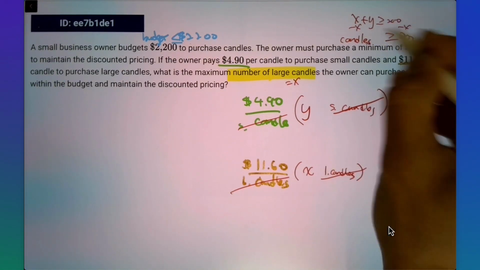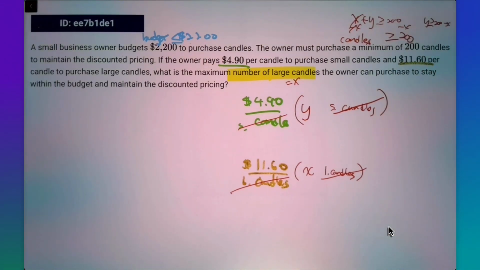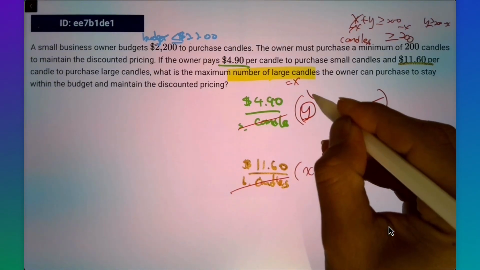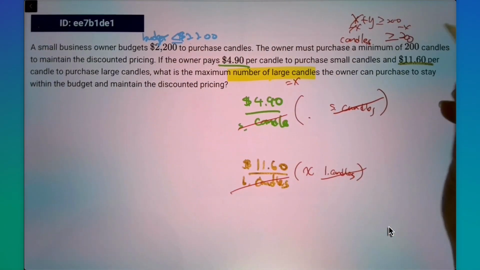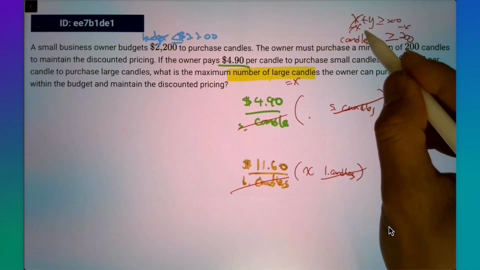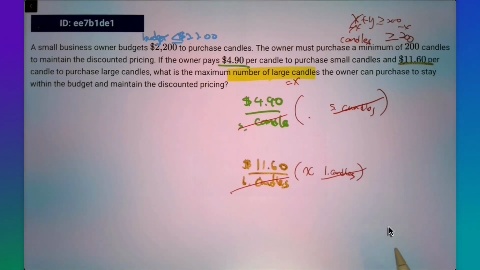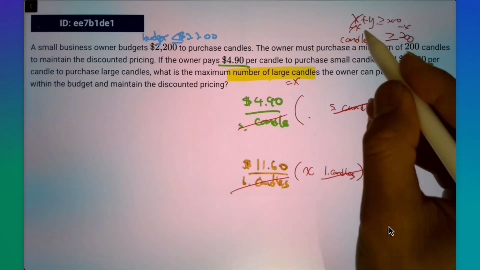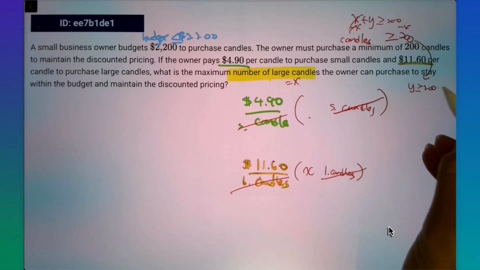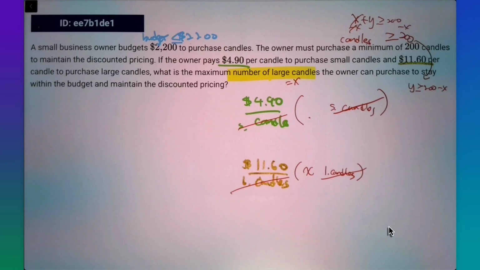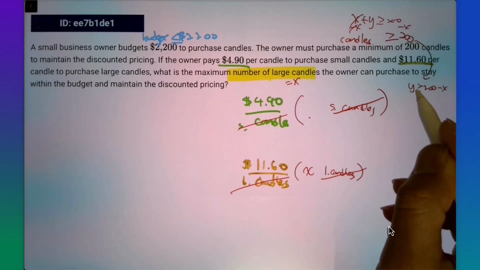When you subtract X here, then Y is greater than or equal to 200 minus X. We can replace it with 200 minus X. I know it's a little bit hard to see, but once you set up X plus Y is greater than or equal to 200, you subtract X on both sides, and that will give you Y is greater than or equal to 200 minus X. They said we want to stay within the budget, so you don't want to choose more Y. Just keep the minimum.